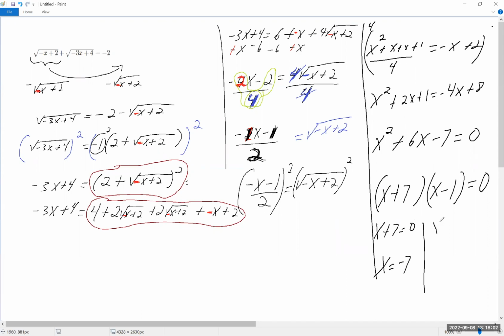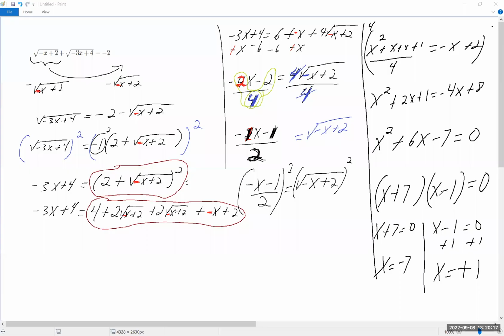And I better connect my computer before I lose power here. So I have 2 solutions and I wonder maybe one of them will work. All right, so I'm going to check these answers here in just a minute.